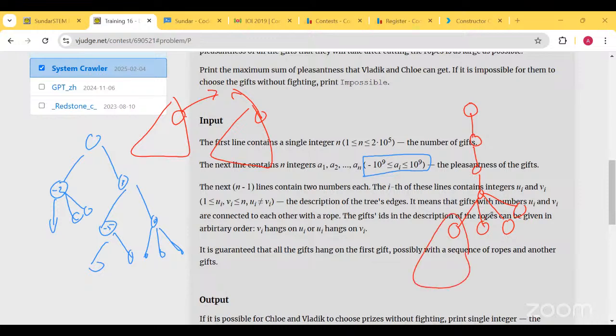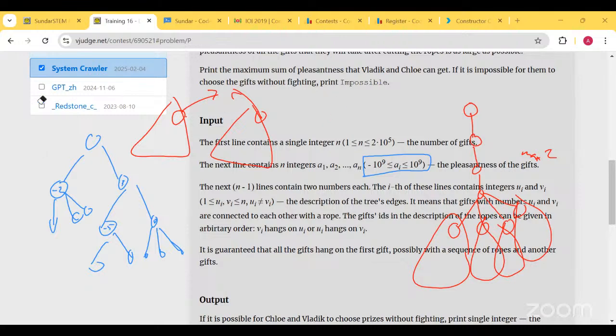Just find the sum for each subtree and then take the maximum two. But what if it is negative? Just use dynamic programming, or just use brute force actually.